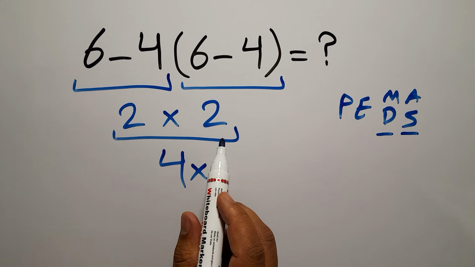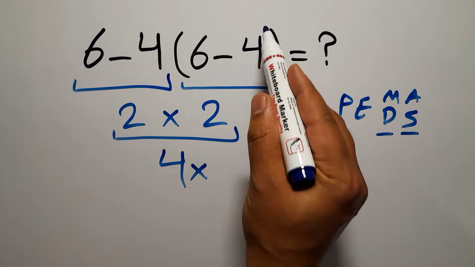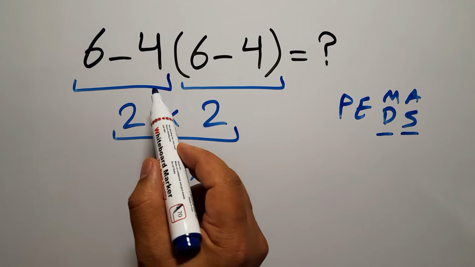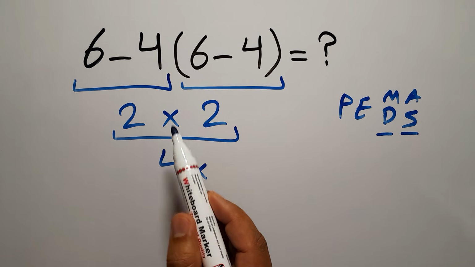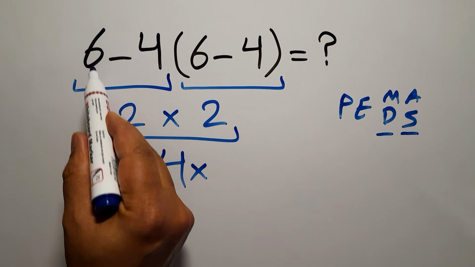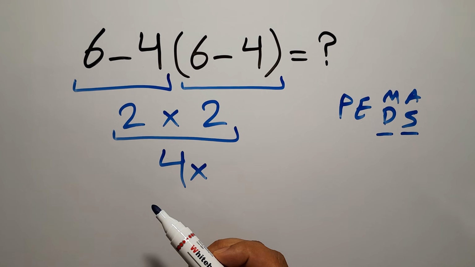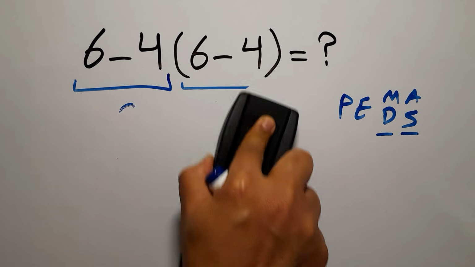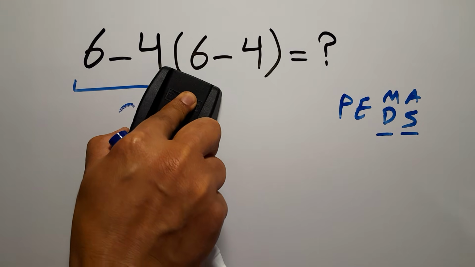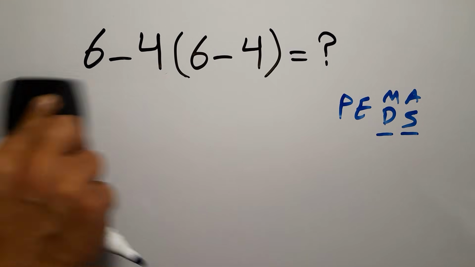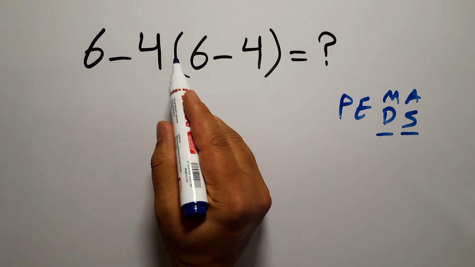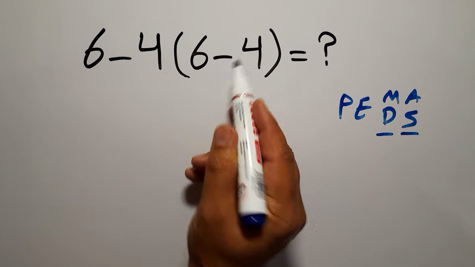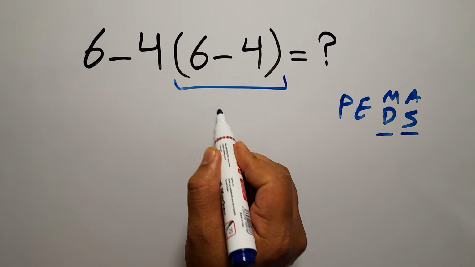So here, first we have to do this parentheses, then this multiplication, and finally this subtraction. Okay, let's do it. Inside this parentheses, we have 6 minus 4, which equals 2.